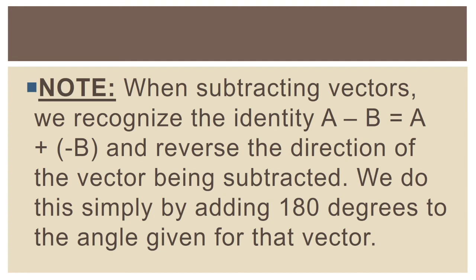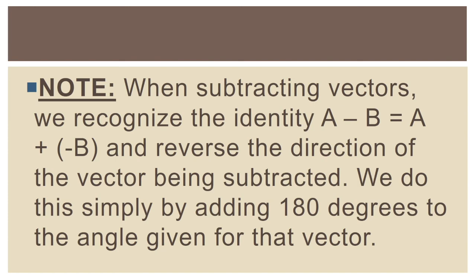So basically, instead of doing a minus b, we just make b negative and then do a plus b, and follow the exact same steps that we just followed before. So how do you reverse a vector in its direction? Well, we simply add 180 degrees to the angle given for that vector.